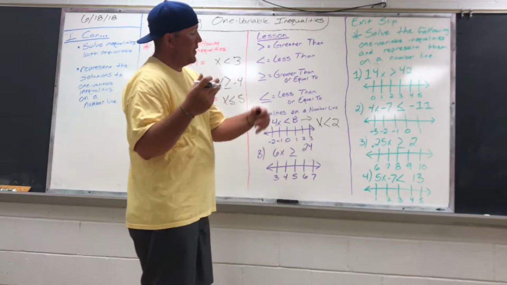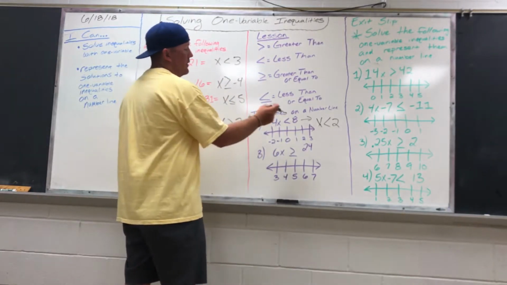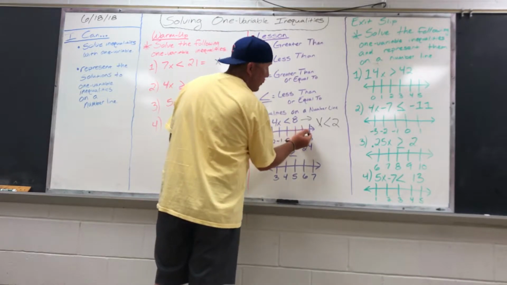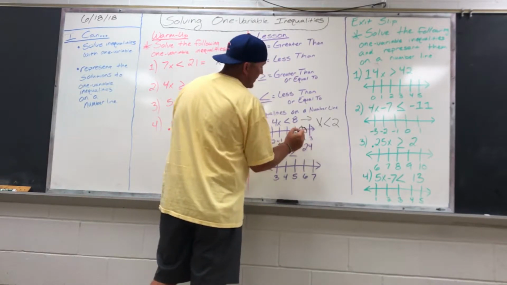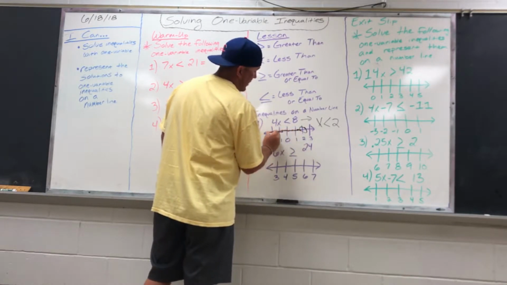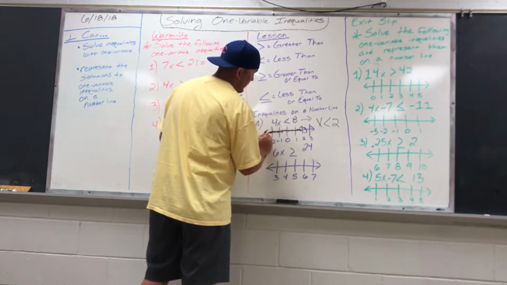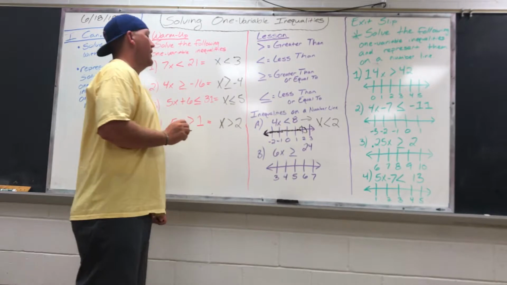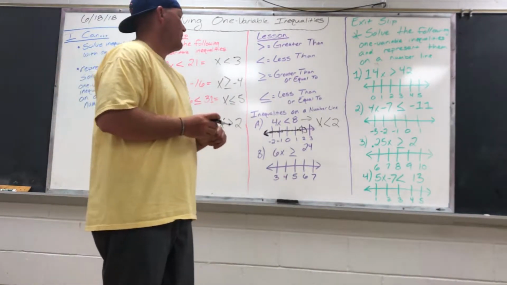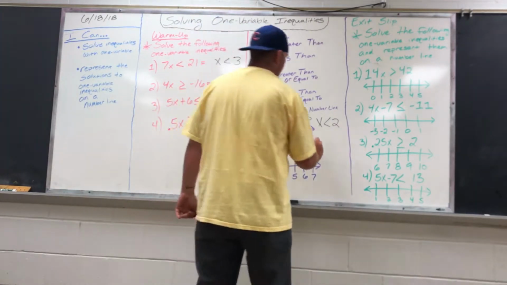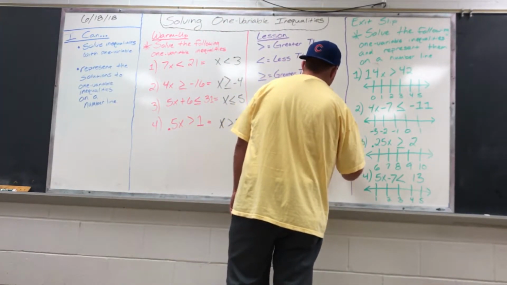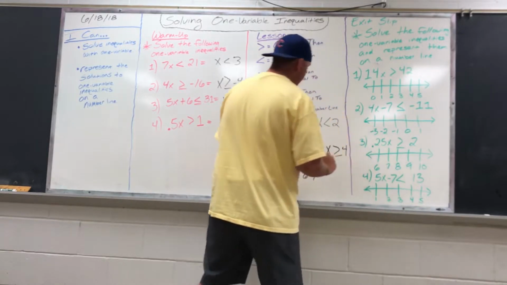They would put their point on the graph. So you have just a regular less than sign, so you put an open circle at 2, and they would shade to the left. And then for part B, 6x is greater than or equal to 24. Divide by 6, you wind up with x is greater than or equal to 4.